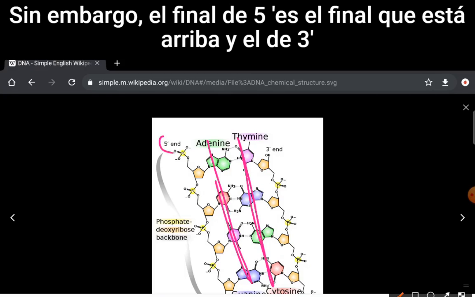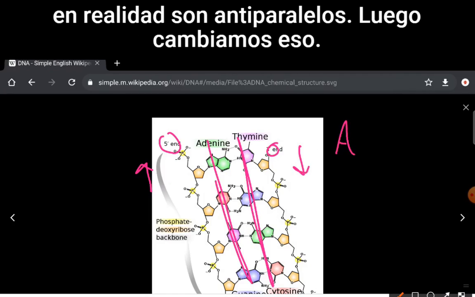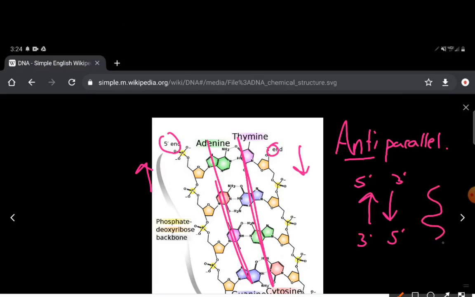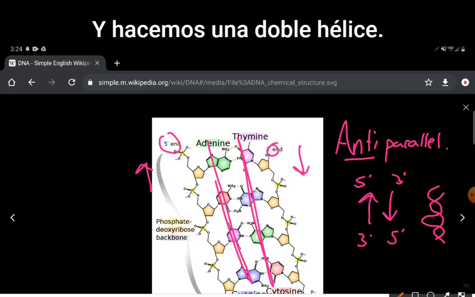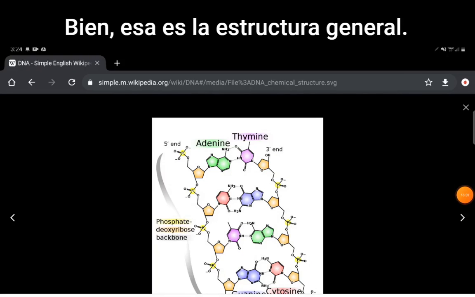However, the 5' end is the end that is up, and the 3' end is the end that is down. And so although they are parallel, they are actually anti-parallel. We then twist that, and we make a double helix. Okay, so that's the overall structure.